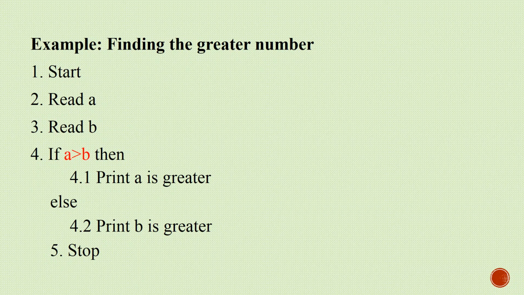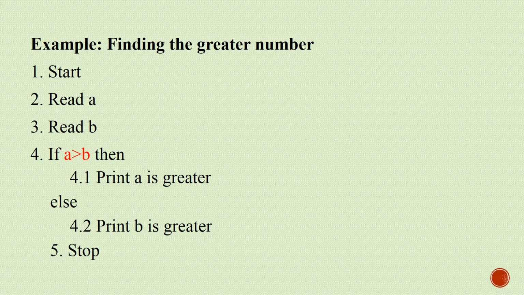So let's look at this example before we go to the third part called the iteration. Now finding the greatest number. Now there are two numbers A and B. I want to find out which number is greater. So there is a simple algorithm that is shown to you. Step number 1, start. Step number 2, read A. Step number 3, read B. So these two are inputs.